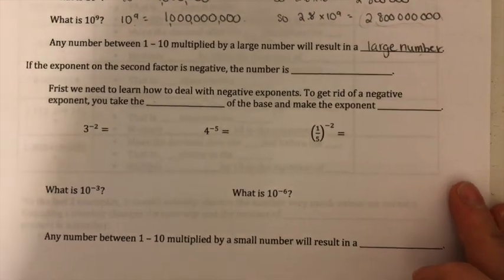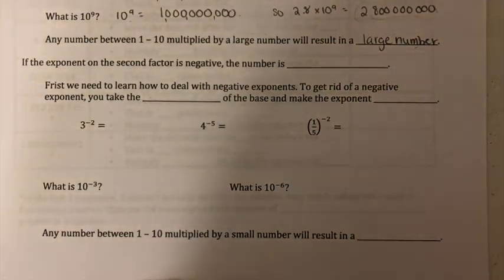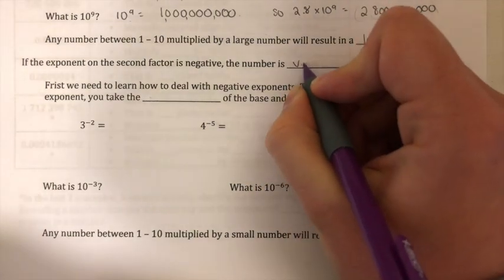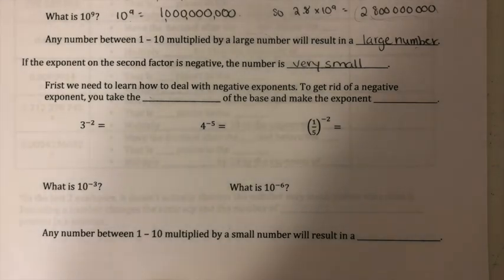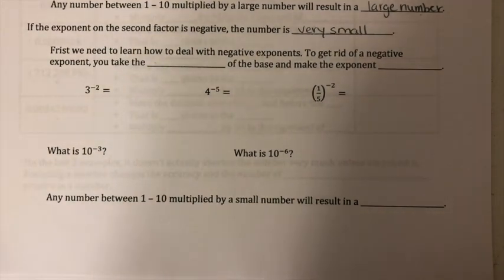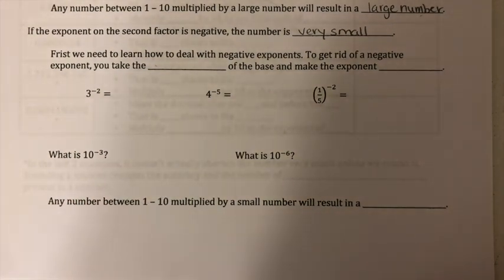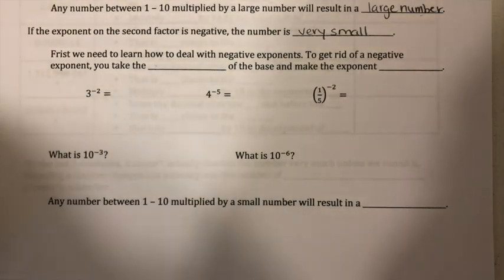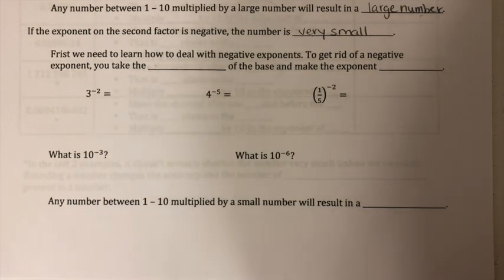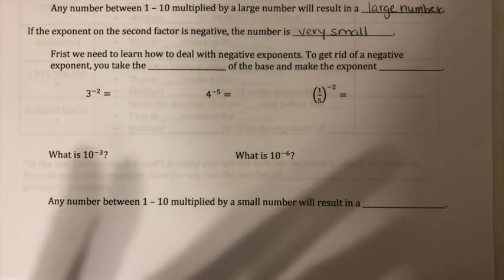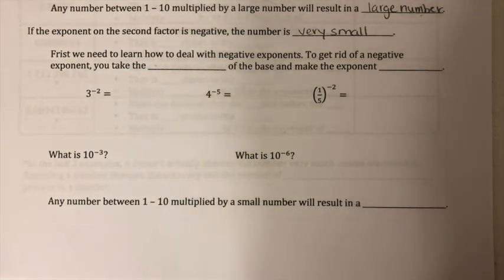If the exponent on the second factor is negative, that means that the number is very small. Okay, so first we need to understand how we deal with negative exponents. We talked a little bit about this in math, and this is more of a grade 10 math curriculum, but I think we're all capable at this point in the year to understand and wrap our heads around this, and it's a little bit of a step up for grade 10 math next year.